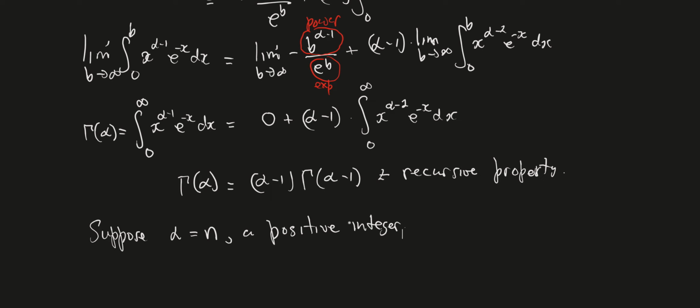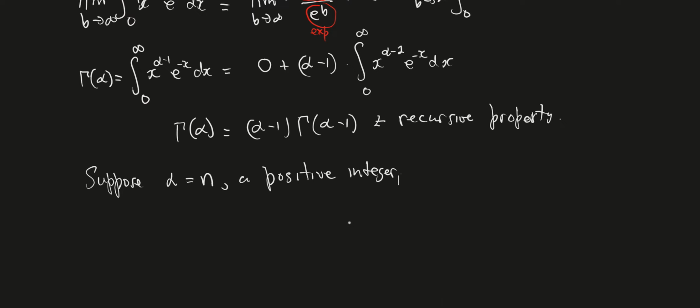Well, what does that mean? Let's see if we can apply this recursive property and come up with another useful property. If we start with the gamma of n, a positive integer, then what we would end up doing is subtracting 1 from that.